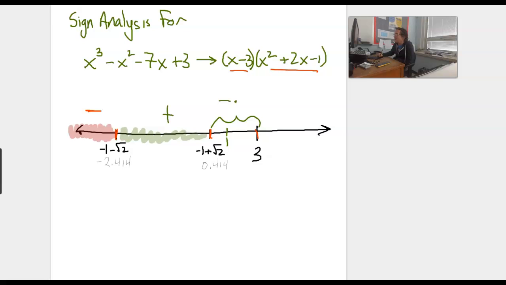Because my brain's not that strong anymore. So if I plug in a 1 here, 1 squared is 1, 2 times 1 is 2, subtract 1. I can look at that and see that'll end up being a positive answer. So a negative times a positive is negative, so this whole region, I'm going to mark as being negative.